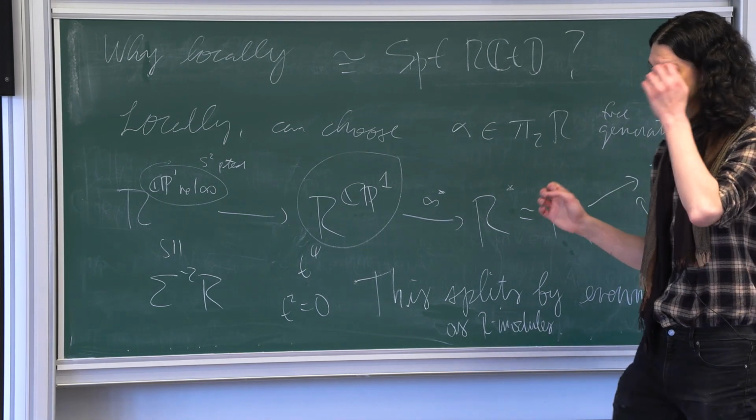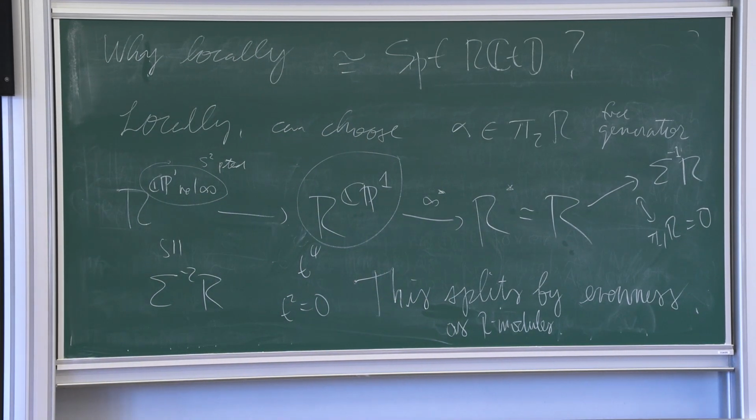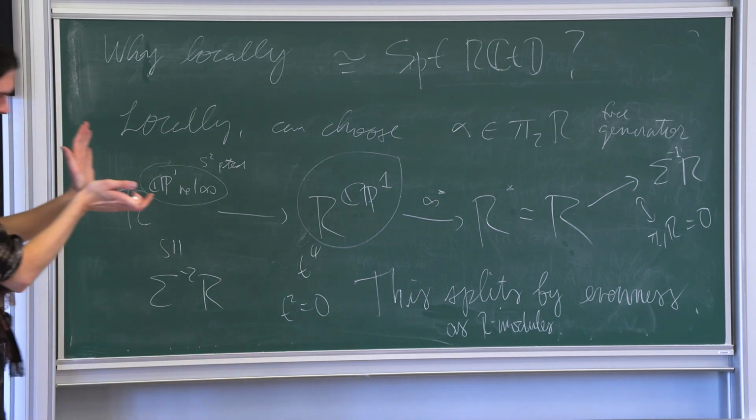The way people usually explain this is using the Atiyah-Hirzebruch spectral sequence, which goes from cohomology of, say, CPN with coefficients in the homotopy of R to the R cohomology of CPN. And then, since both R and CPN are even, there are no differentials in this spectral sequence.